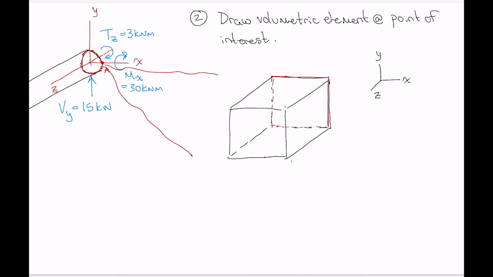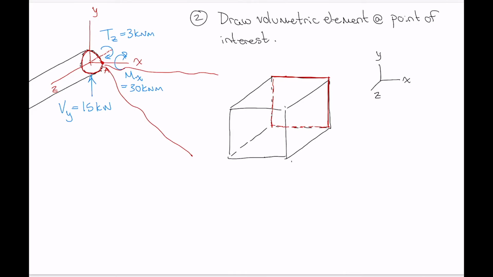That's important because those internal forces that we've identified, Vy, Mx, Tz, all act on that cut section. So the stresses that they create are acting on that red face, the back face of that cube that we've outlined. As we figure out what stresses are created by those internal forces, we're going to place them on that back face of the element.